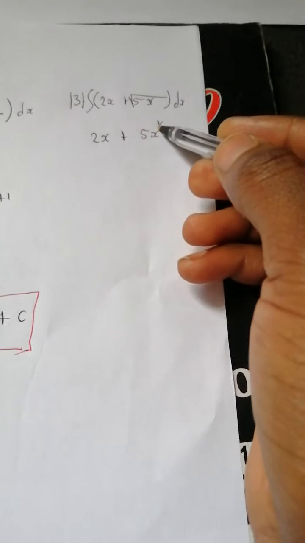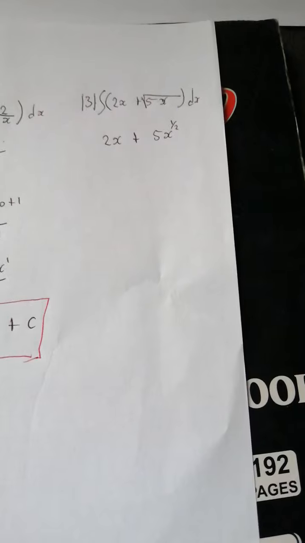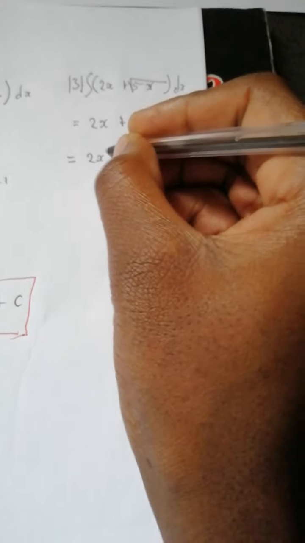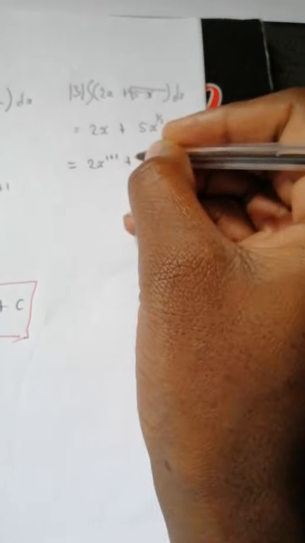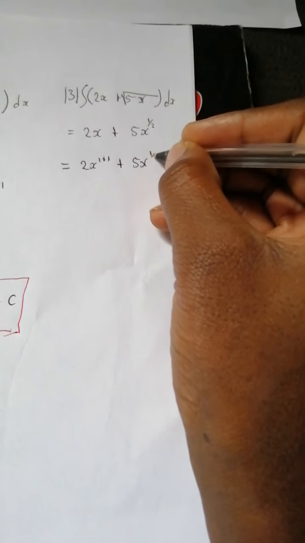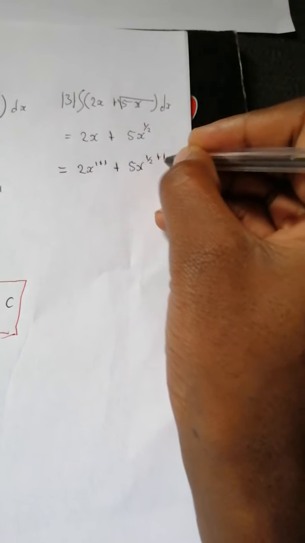After writing it like this, it will be much easier for us to apply the power law. So it is going to be 2x raised to the power 1 plus 1 plus 5x raised to the power 1 over 2 plus 1.